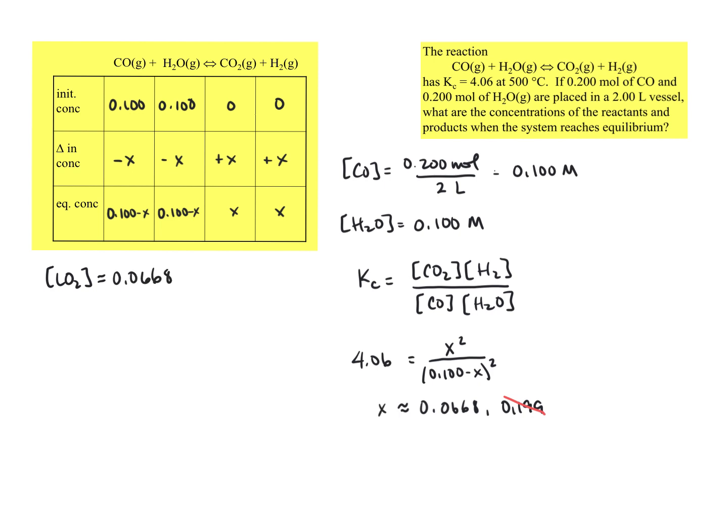So that leads us to conclude that the concentration of CO2 at equilibrium will be 0.0668 molar, and that's also going to be the concentration of hydrogen, and then the concentration of CO and H2O, which will be the same, will be 0.1 minus 0.0668, which is 0.0332 molar.